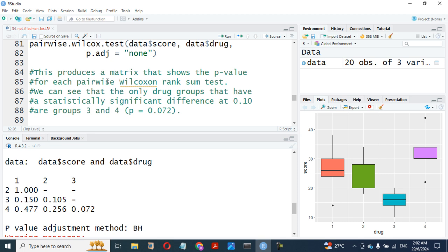This produces a matrix that shows the p-value for each pairwise Wilcoxon rank sum test. We can see that the only drug groups that have a statistically significant difference at 0.10 are groups 3 and 4, which is 0.07. Only this one is significant.